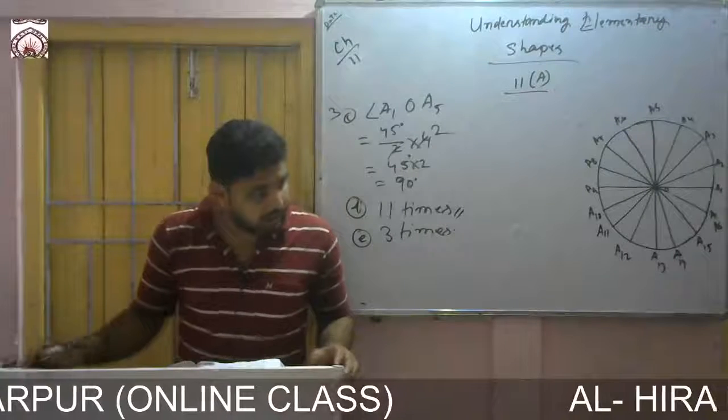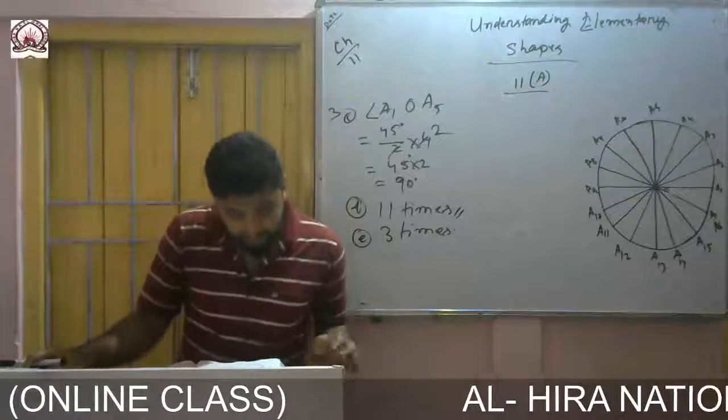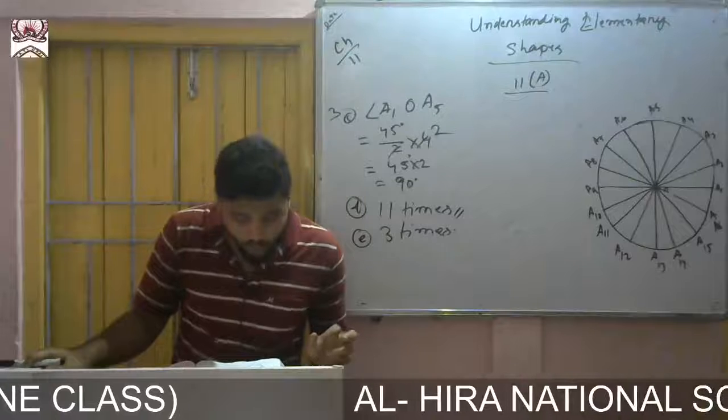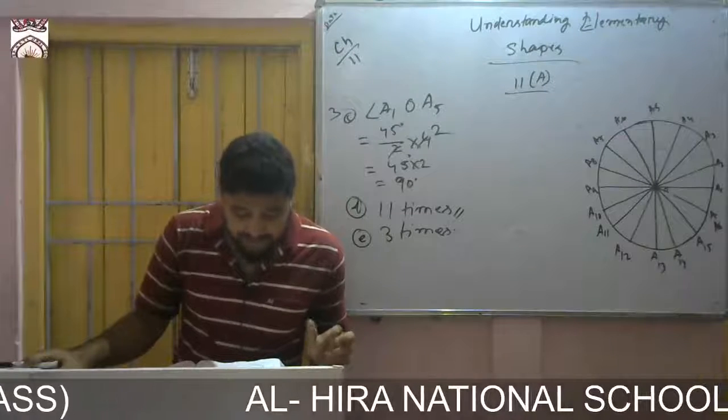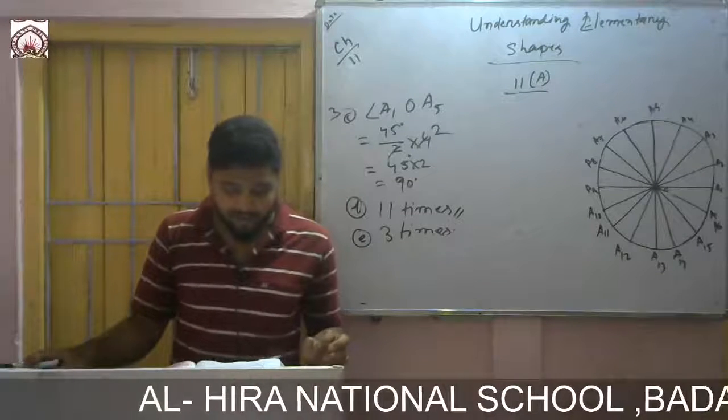Now come to question number F. What fraction of the whole revolution is the angle A5OA7? Now we need to find the fraction.